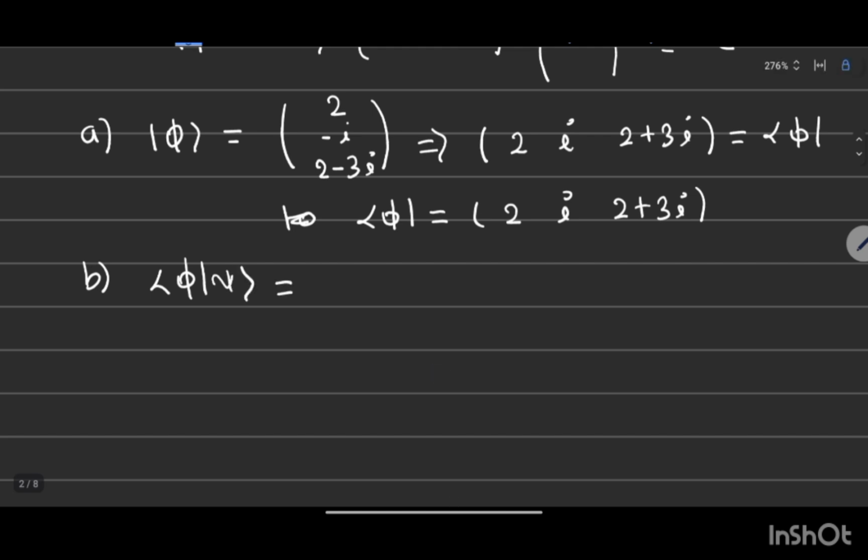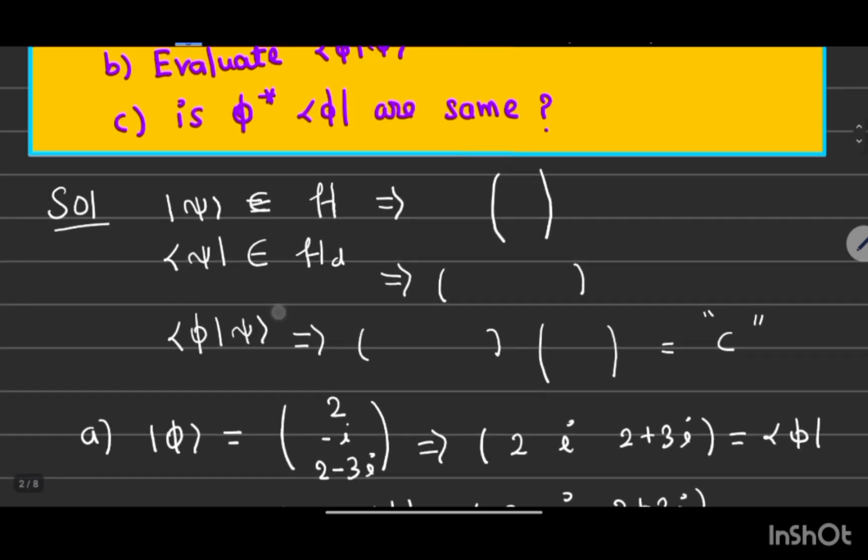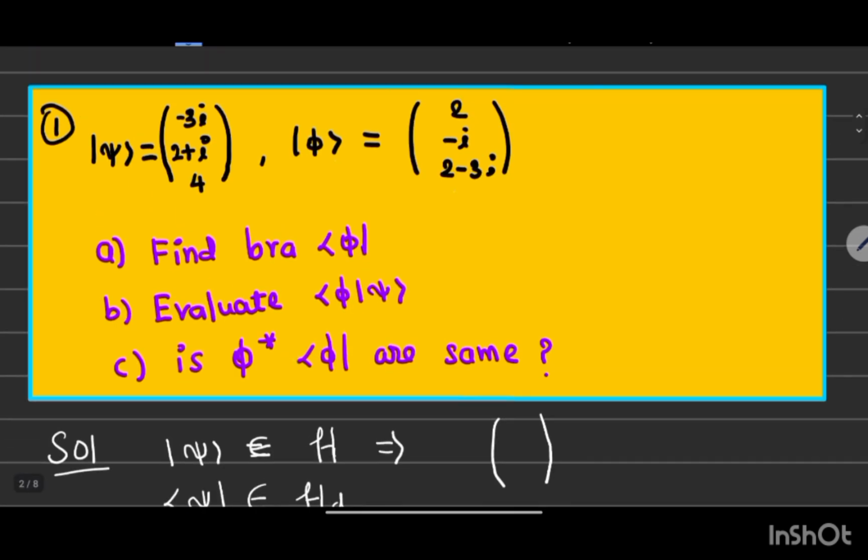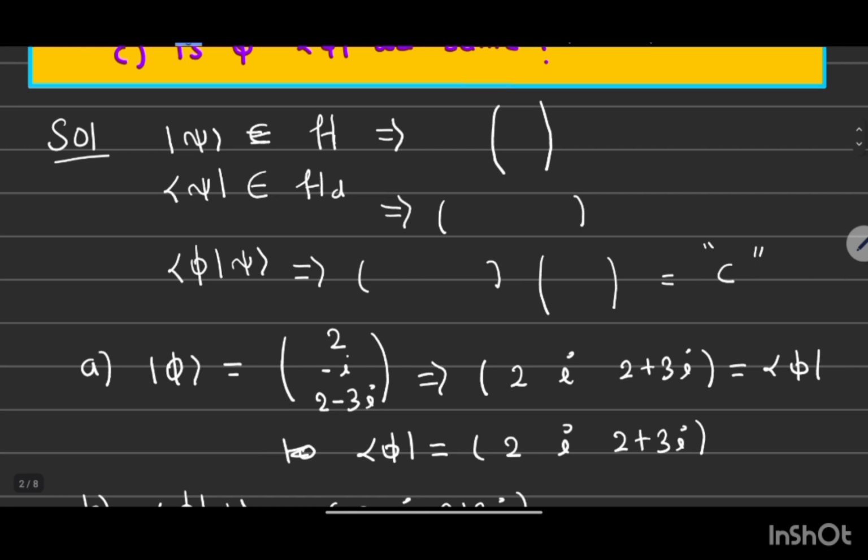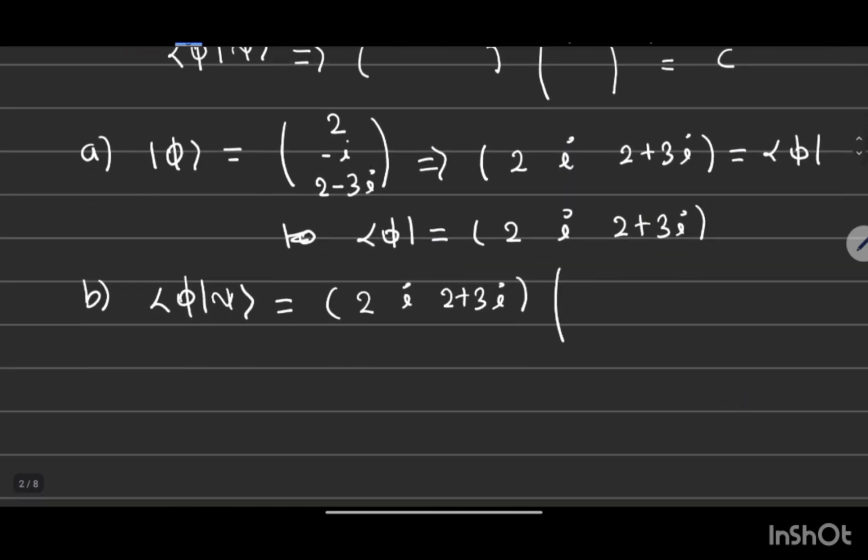At first we write the bra phi, which we have already found in the first question, that is (2i, 2 plus 3i), and then the ket psi. Ket psi is (minus 3i, 2 plus i, 4).